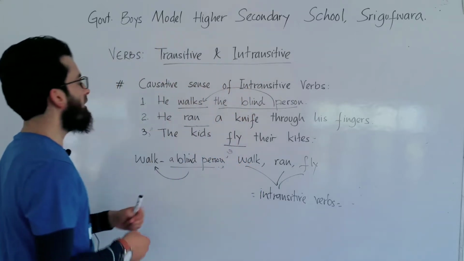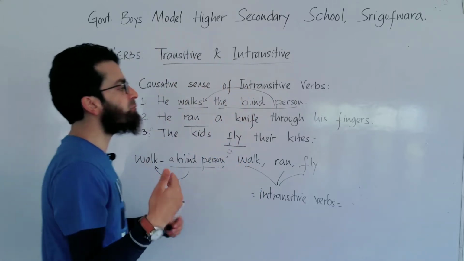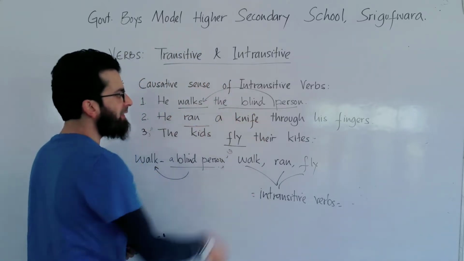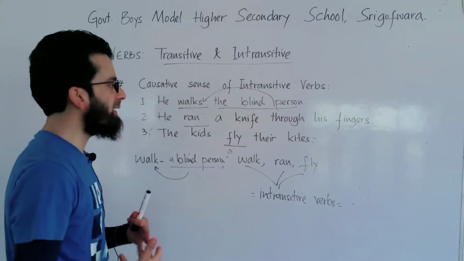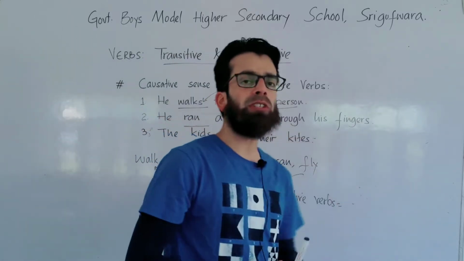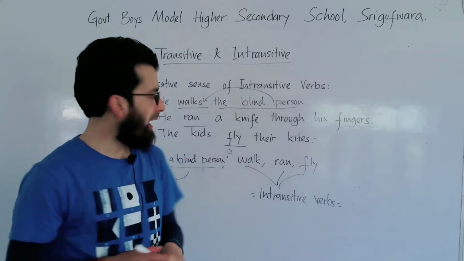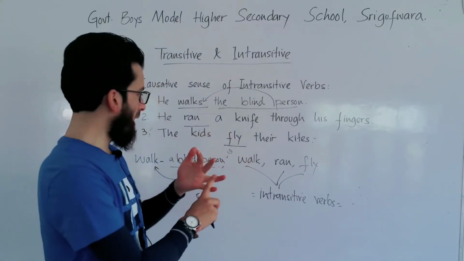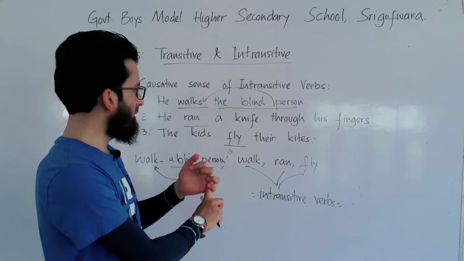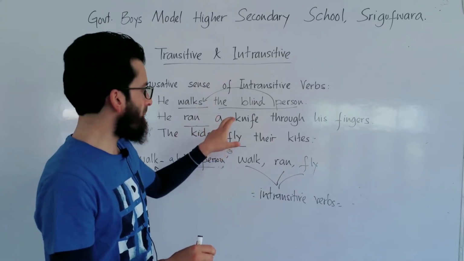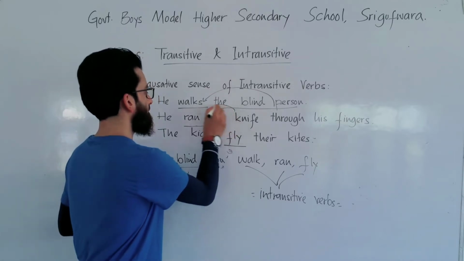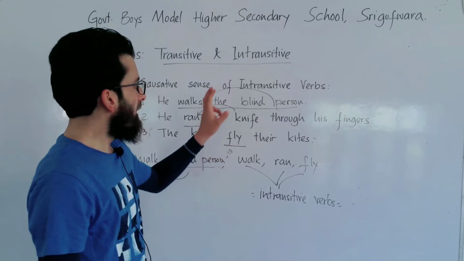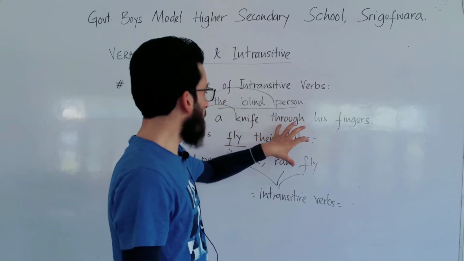Okay, the second, he ran a knife through his fingers. And here, again, the object of the verb is the phrase through his fingers. Okay, so ran a knife. Here the main object of the verb is a knife, and this phrase through his fingers is the objective complement.